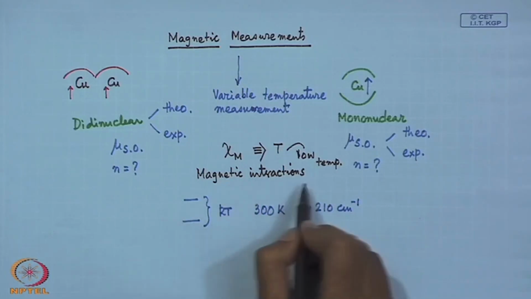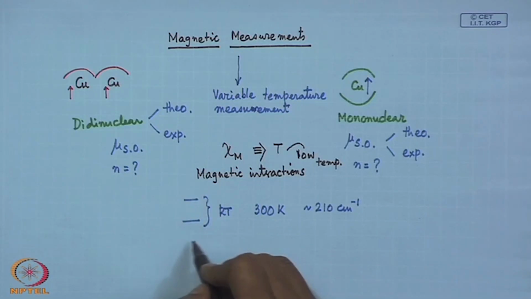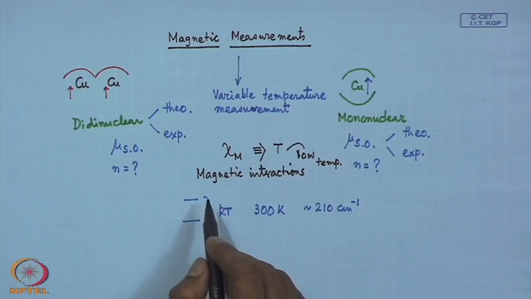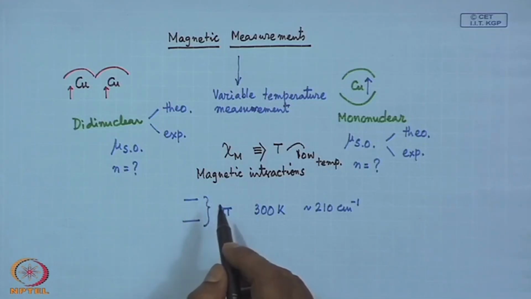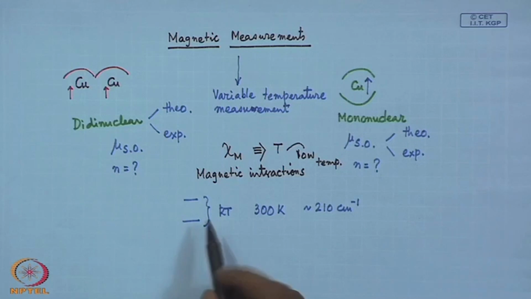So, as we go down to either liquid helium temperature or liquid nitrogen temperature, our kT values are changing, and we have different types of populations for these different magnetic orbitals with the available unpaired electrons on the complexes, whether the complex is a mononuclear one or a dinuclear or a higher nuclearity one.